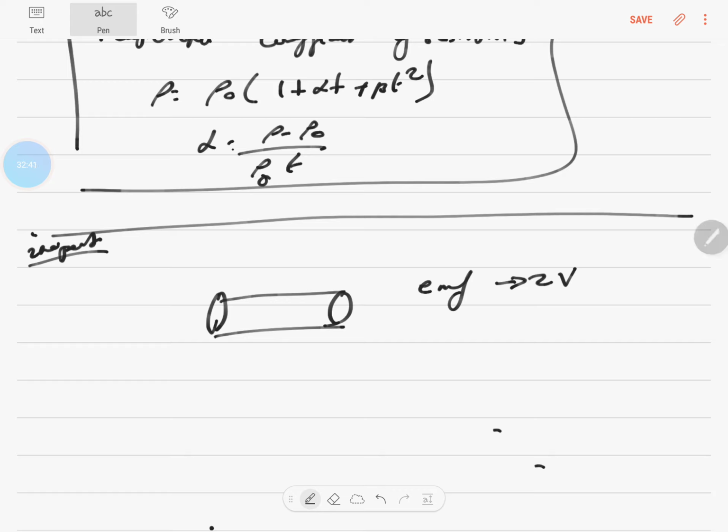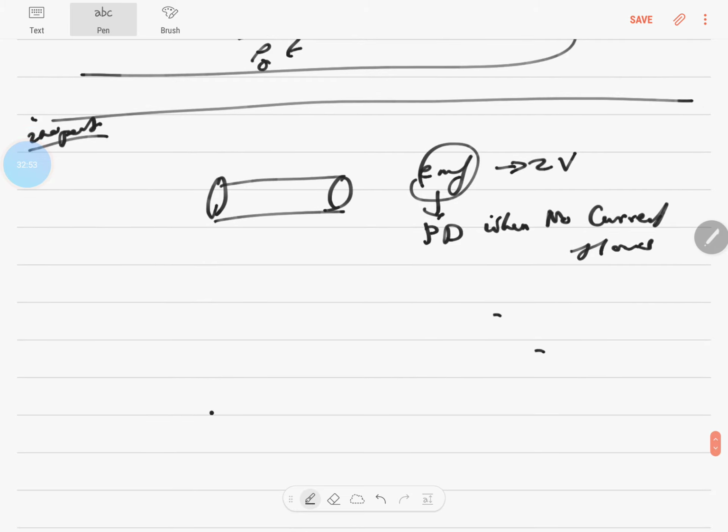So electromotive force is the potential difference between the ends of the electrodes when no current flows through. That is known as electromotive force, EMF. This is a 2-volt battery, and you represent this as E, capital E, which is the EMF.